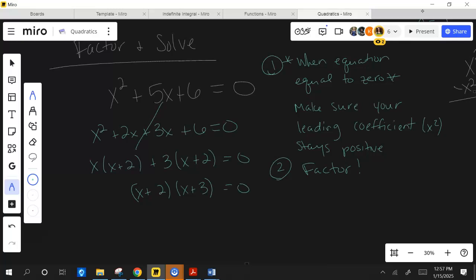Did everyone get it factored correctly at the very end? The good thing about this lesson is it's so much repeat from yesterday that you practiced yesterday and learned yesterday.